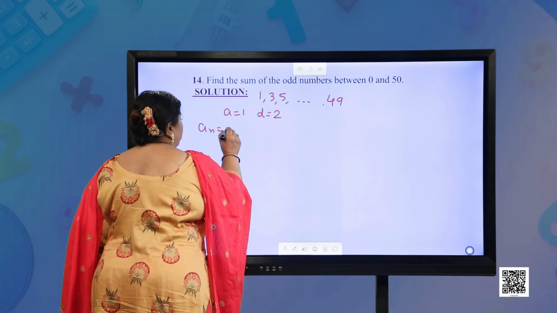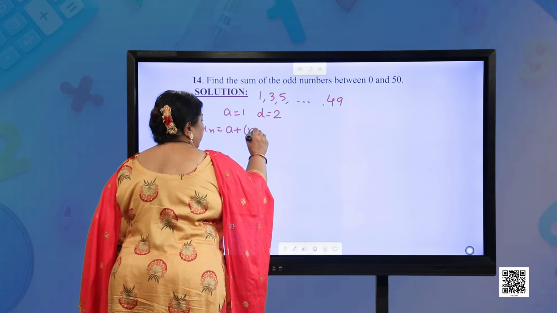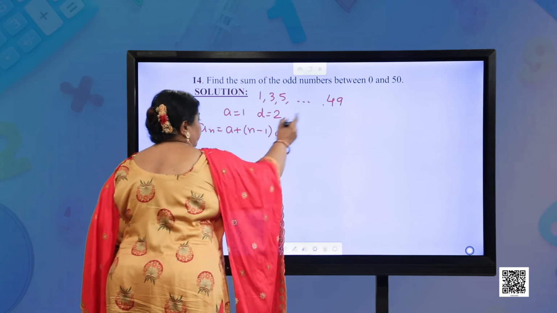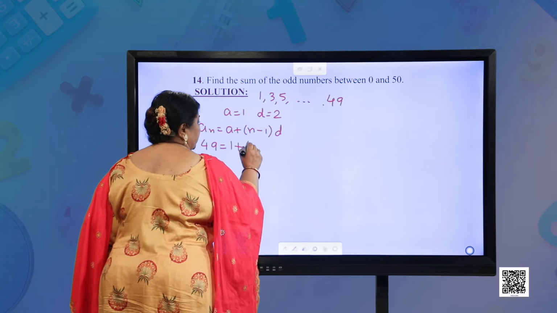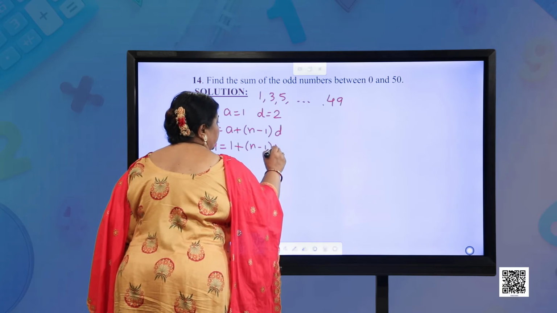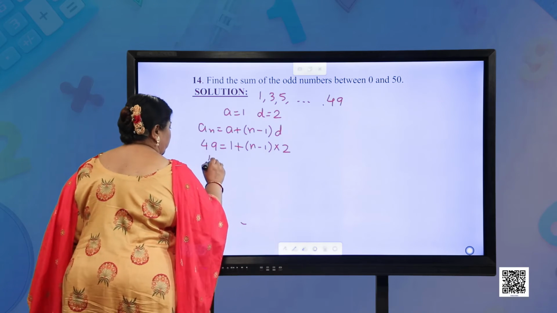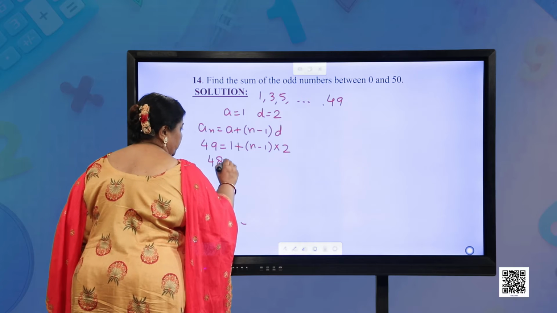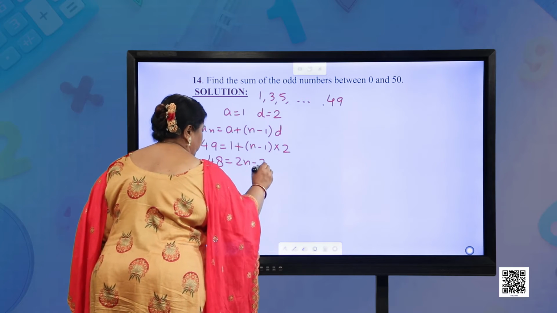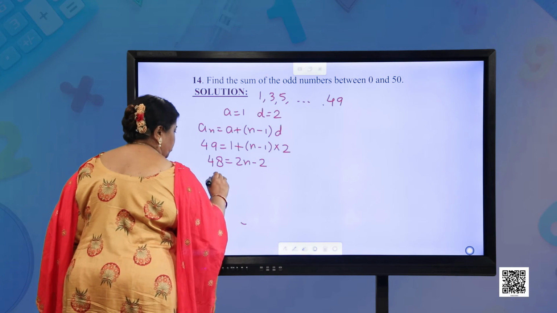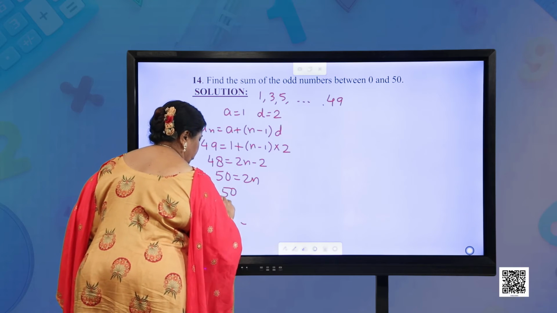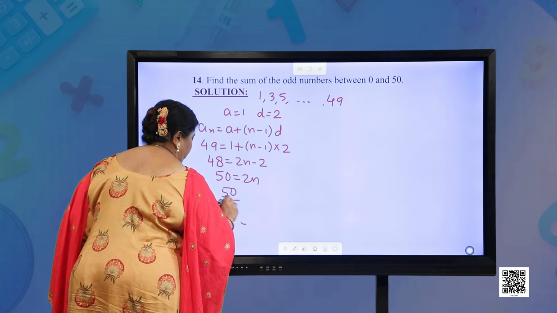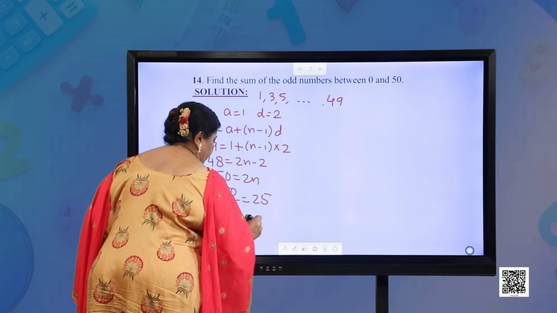An is equal to A plus n minus 1 into D. 49 is equal to 1 plus n minus 1 into D. D is how much? 2. So, 49 minus 1 is 48, equal to 2n minus 2. So, 48 plus 2 is 50, equal to 2n. So, 50 upon 2 will give us the value of n, that is 25.